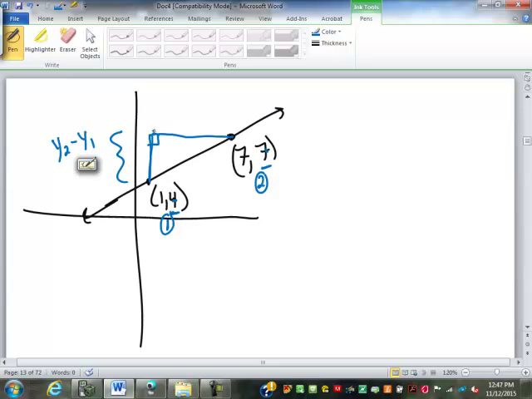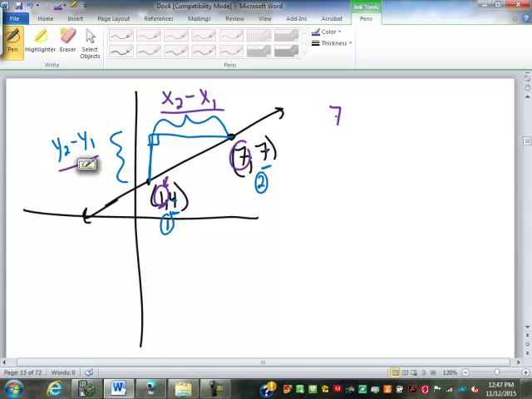My run, this distance, is the difference in the x coordinates. Again, this would be x1 because it's the x coordinate of point 1, and this would be x2, the x coordinate of point 2. x2 minus x1. Now, does it matter whether I did y1 minus y2? No, it won't, as long as I did the same point first in both of them.